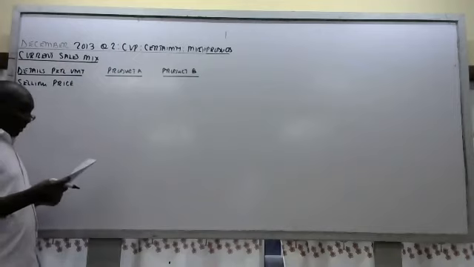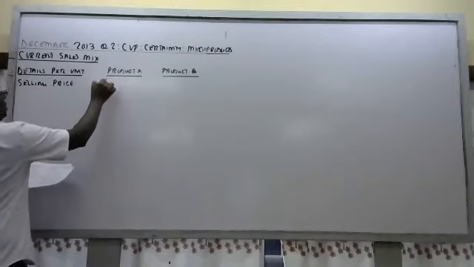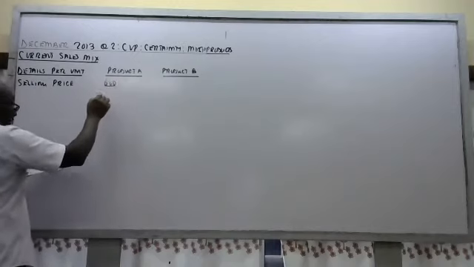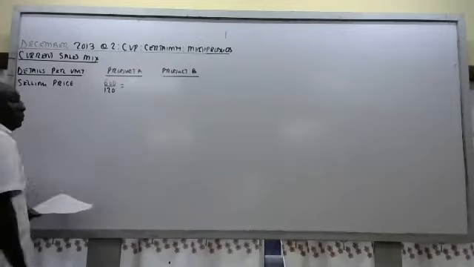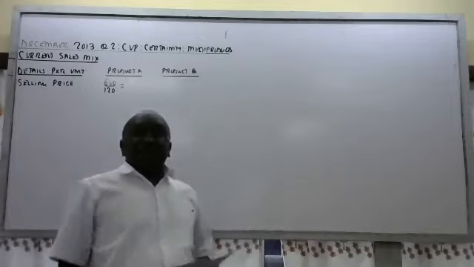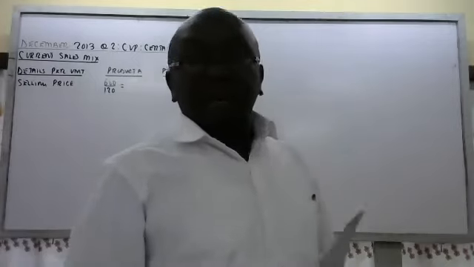So selling price, you will say it is 600, you divide by those units, which are 120. So 600 divided by 120 is how much?